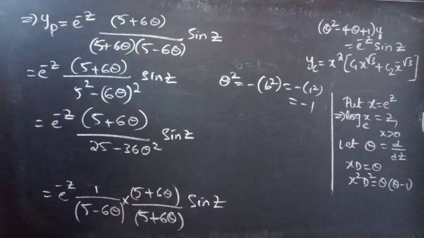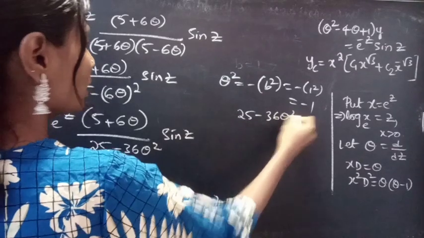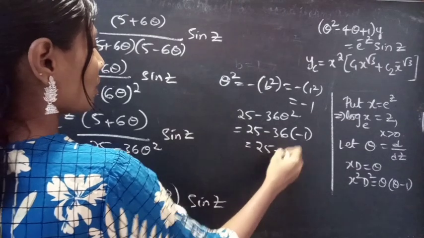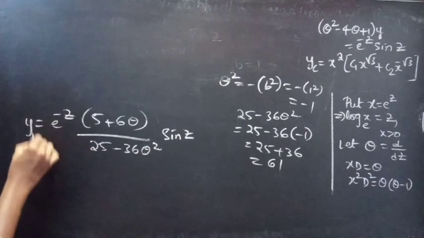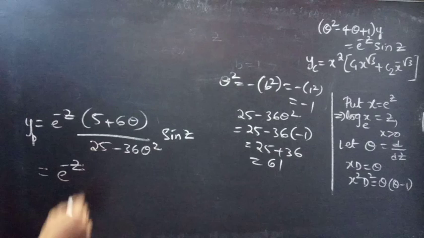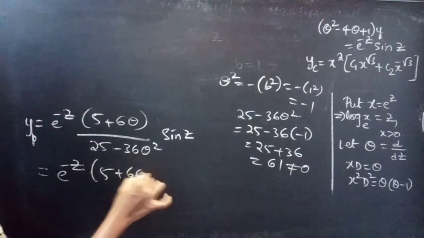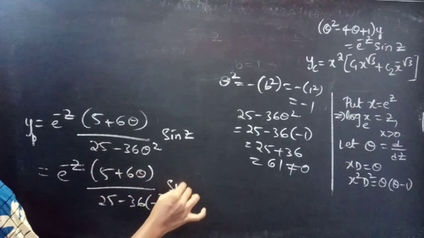Again, theta square appears in the denominator. We have to replace theta square by minus 1, keeping in mind that the denominator must be non-zero. Okay, I'll take the denominator part, 25 minus 36 theta square, and I'll replace theta square by minus 1. I'll get 25 plus 36, right, which is 61. Then yp becomes e power minus z into, this is non-zero, right, 5 plus 6 theta by 25 minus 36 into minus 1 into sine z.